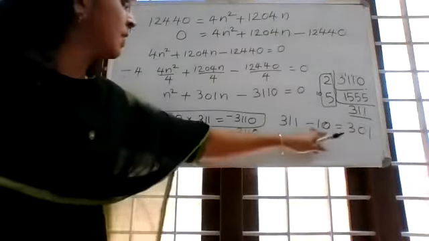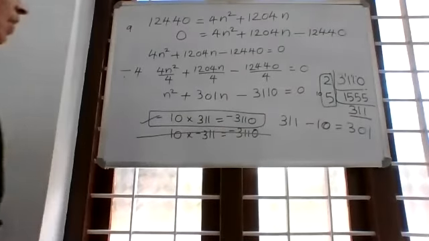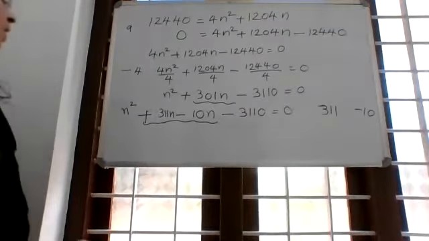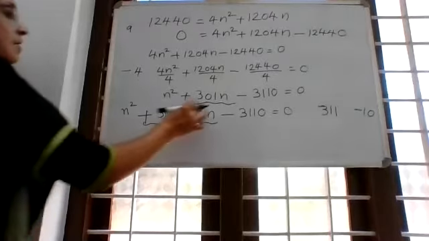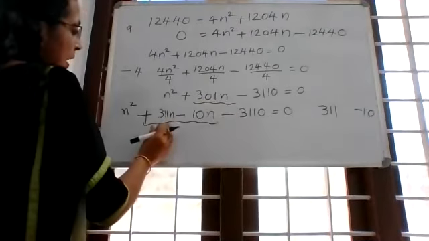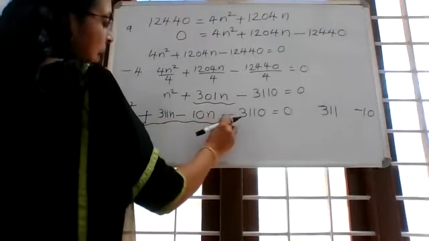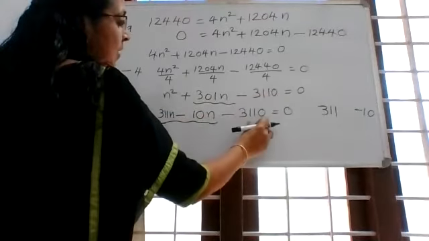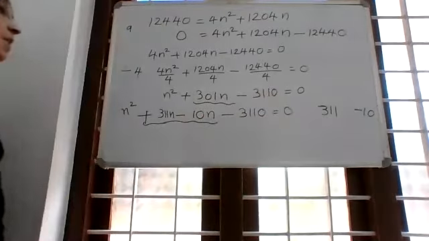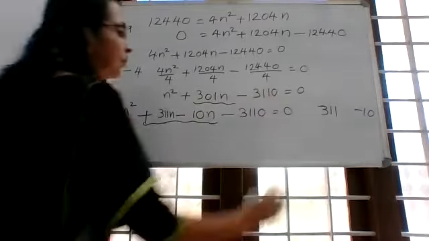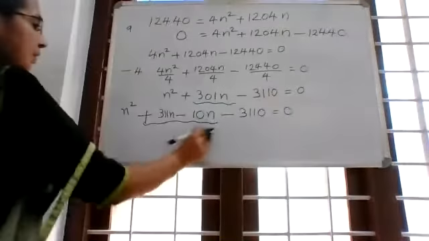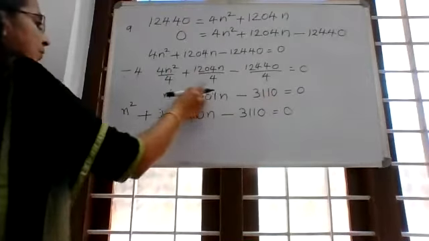311 minus 10 is equal to 301. So N square plus 301N can be written as N square plus 311N minus 10N minus 3110 is equal to 0. Then next what we want to do?